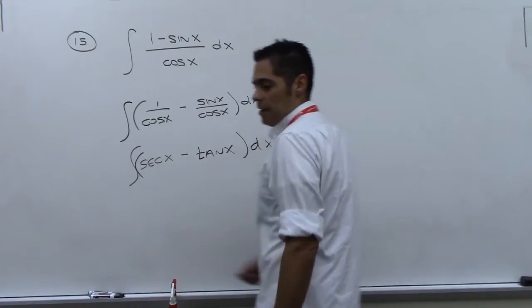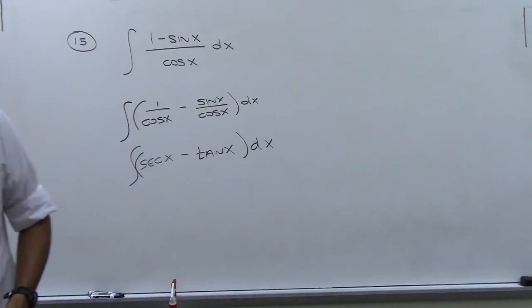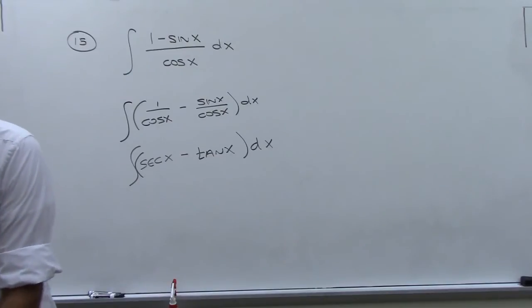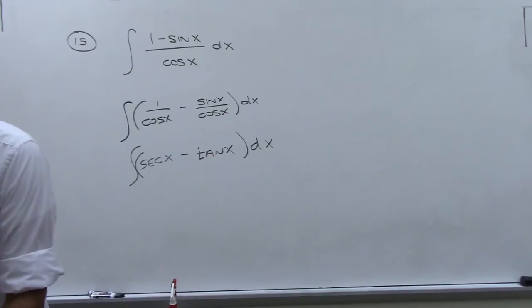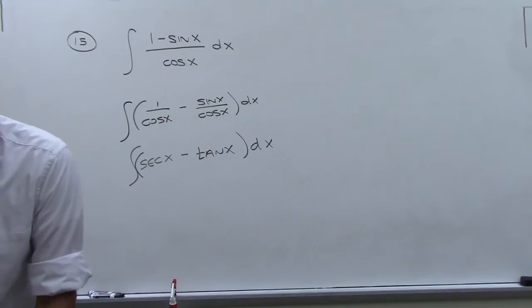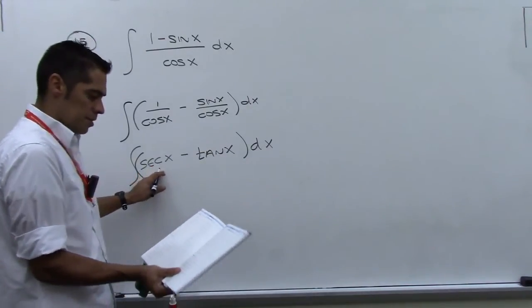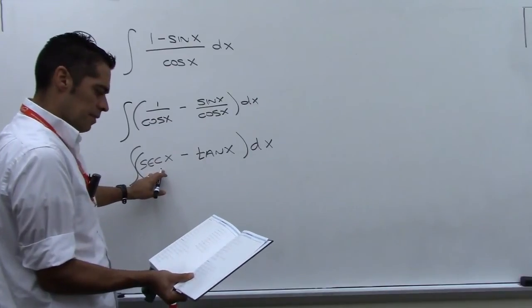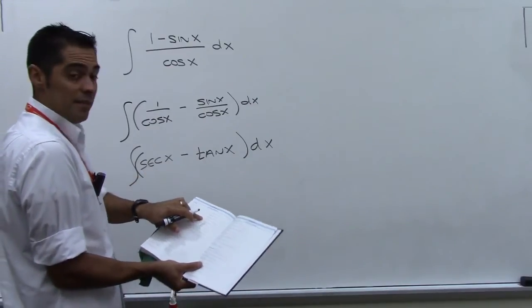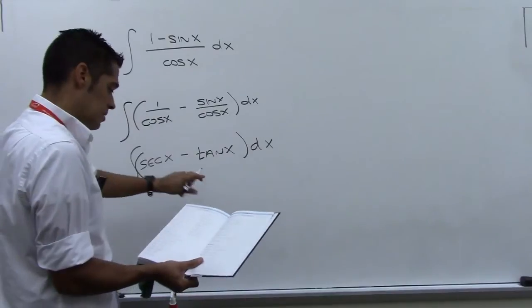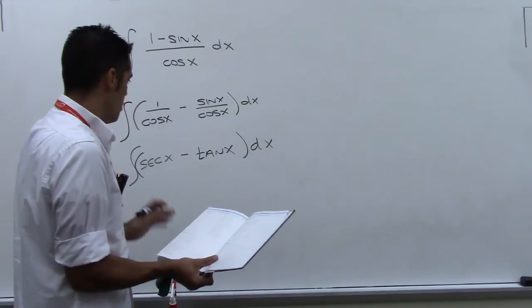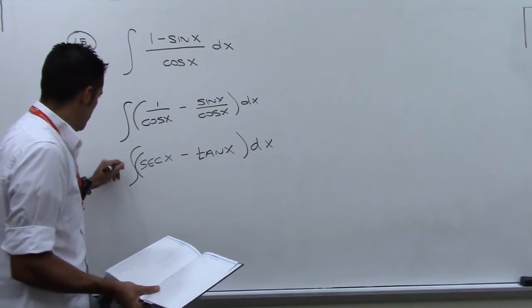And then remembering that our formula sheet does actually have the antiderivatives for all of the trig functions that are just by themselves. So like the antiderivative of secant is number 14 on the formula sheet, and antiderivative of tangent is number 12. So I can go straight to a formula here.